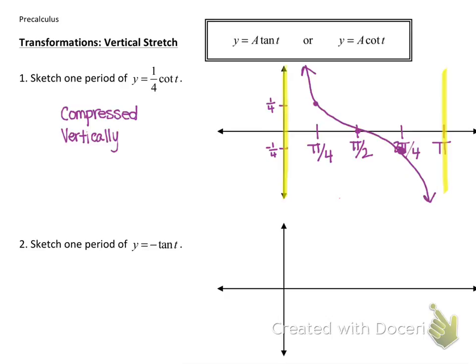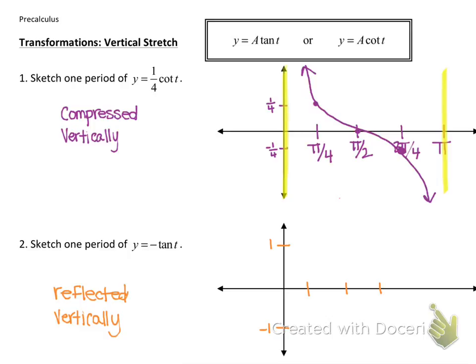Number 2 has negative tangent of t. So what happened to the tangent? It has been reflected vertically, which means it's been reflected over the x-axis. So nothing else changes. I have my amplitude up at 1 and down at -1.